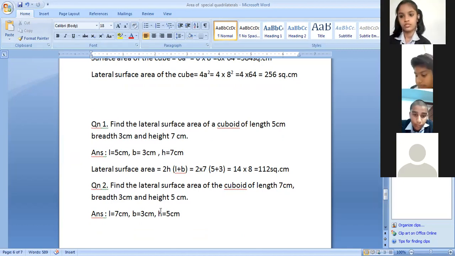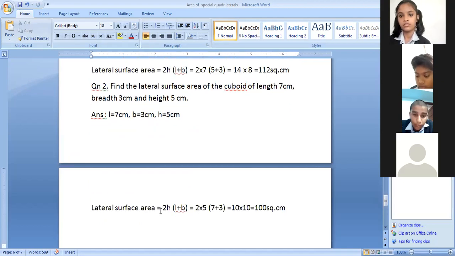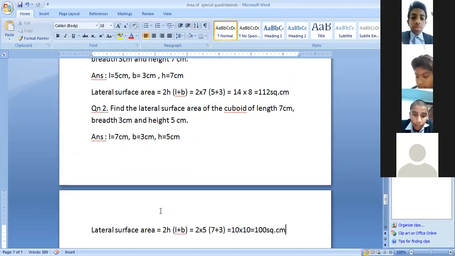Then we found the lateral surface area. Did we get the same value? No, we got a different value. So when the height and length of the base interchange, the lateral surface area will change.